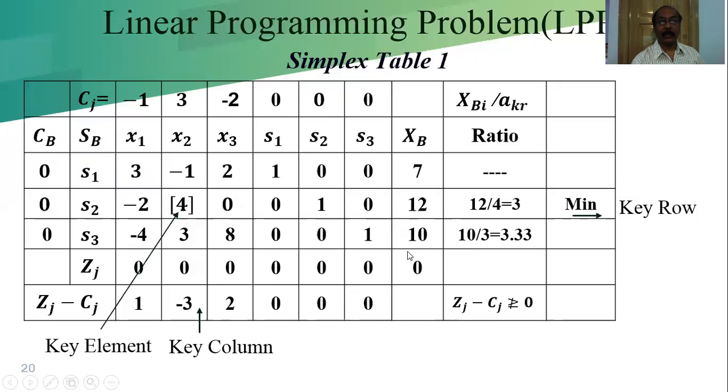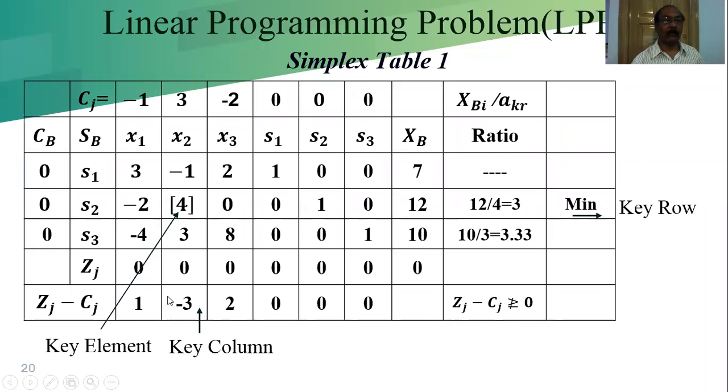It will be improved in the next iterations, until we get the optimum table. Since not all zj minus cj are greater than or equal to 0, and only one zj minus cj is less than 0, this is the only entry.